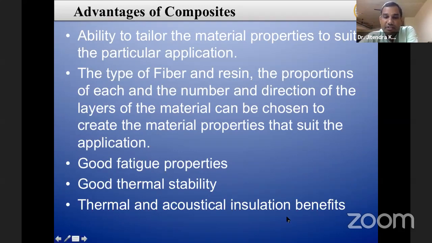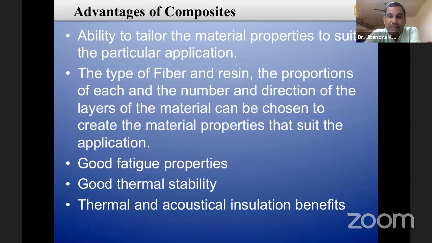Thermal and acoustic insulation benefits are also there. After fabricating the composite material, the thermal stability is also increased. You add the material in such a way that you gain that particular thermal stability. For polymers, like polypropylene, there are two categories: thermosets and thermoplastics. In polymer composites or carbon fiber reinforced composites, we also use epoxy as a matrix.